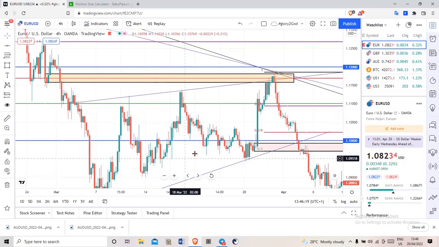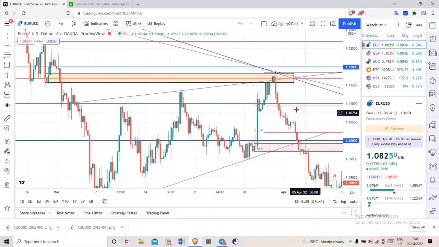Then try on your own to confluence it with fib level and trend line and all of that. As you can see, most of the time that these things all meet together, you see that price eventually drops mad.